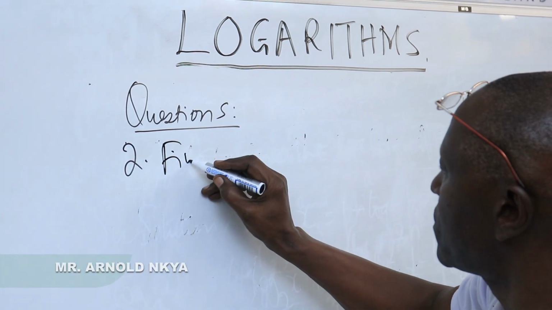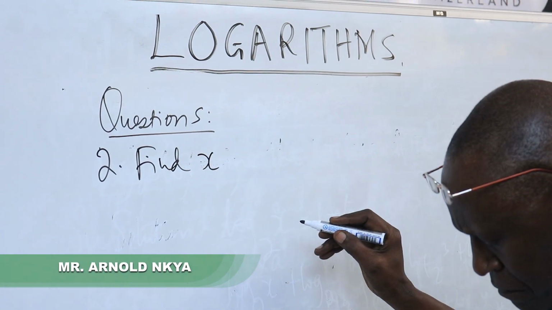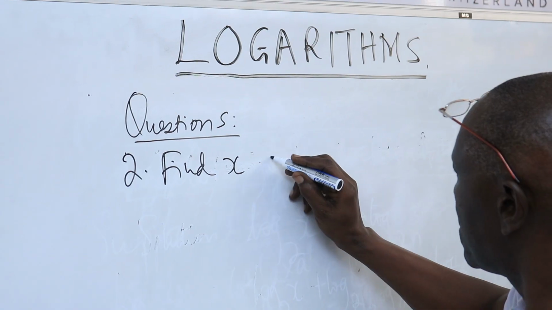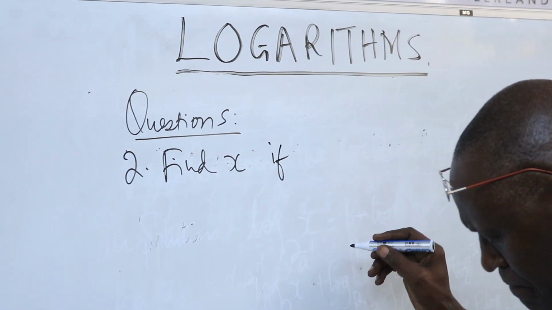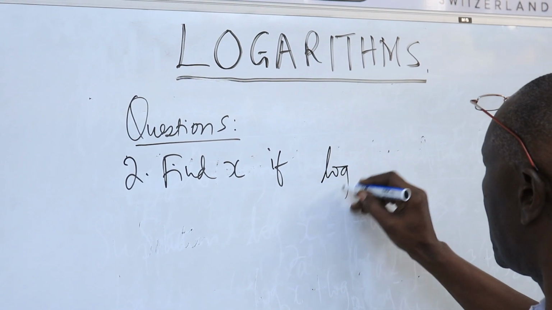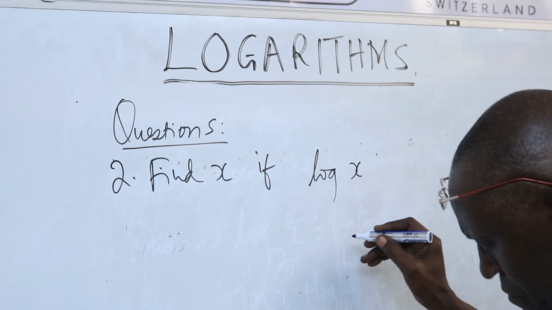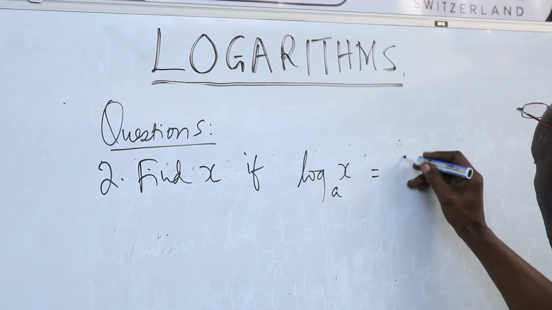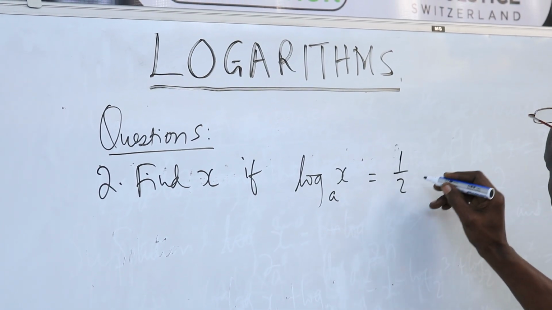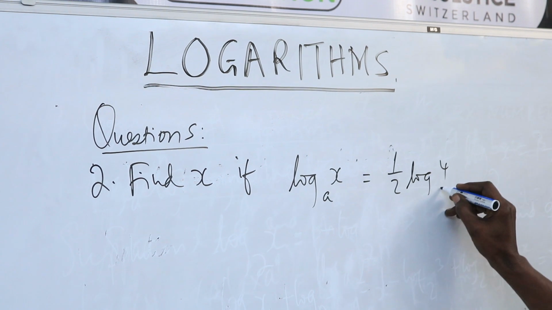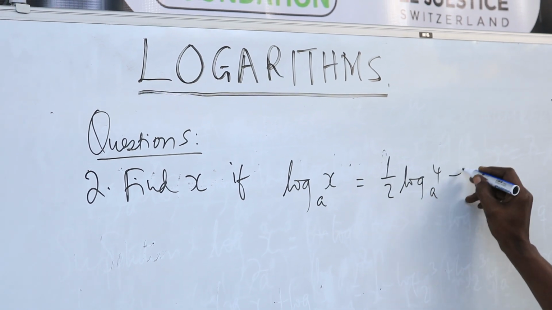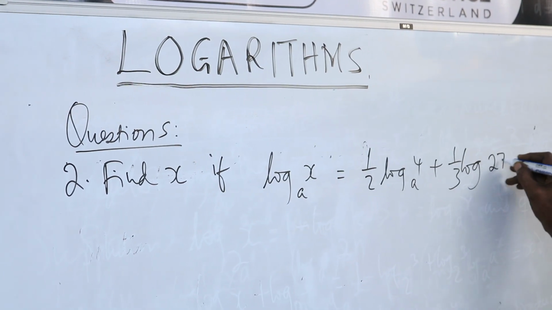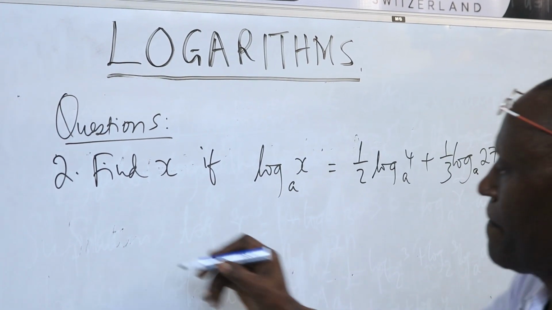Find x, if log x base a is equal to a half log 4 base a plus 1/3 log 27 base a.